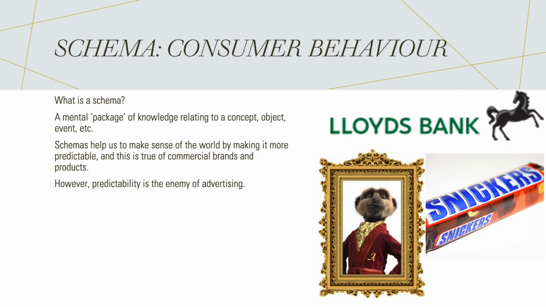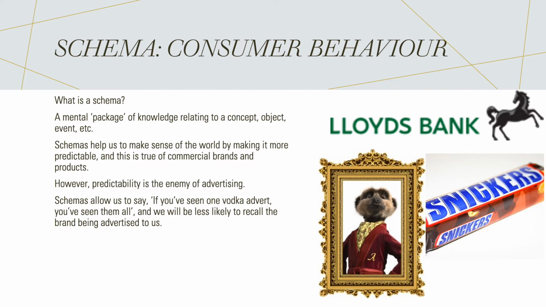However, predictability is the enemy of advertising, because we can say things like, oh, once we've seen one vodka advert, we've seen them all. I think this is very true for perfume adverts. I think all perfume adverts are exactly the same. So we'll be less likely to recall the brand being advertised to us.